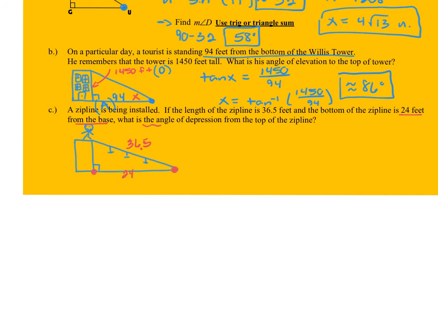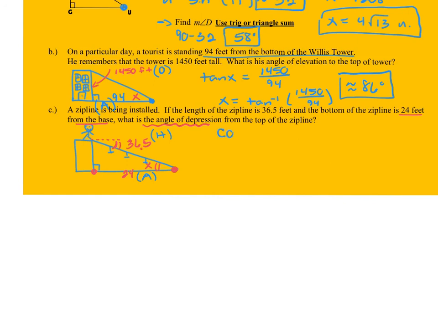I want to know the angle of depression from my person standing up here. But remember, angle of depression would be this angle, but it's going to be congruent to that one down there. So I'm just looking for, this is an X. So I've got an adjacent, I have a hypotenuse, so I've got a cosine.